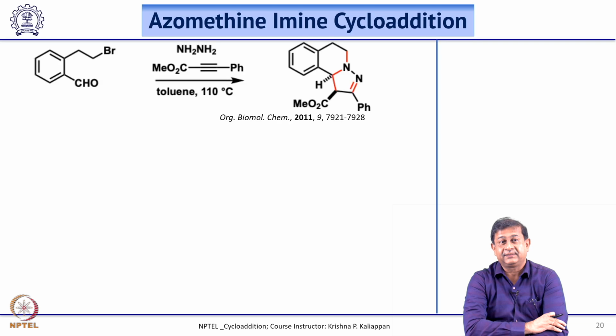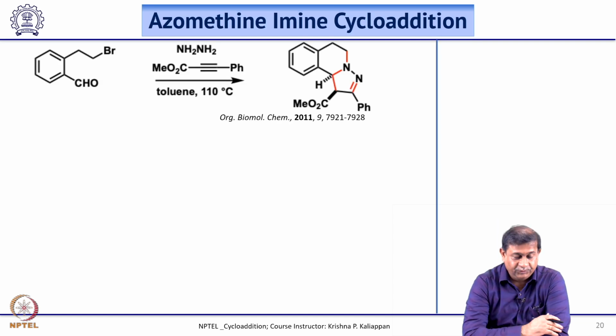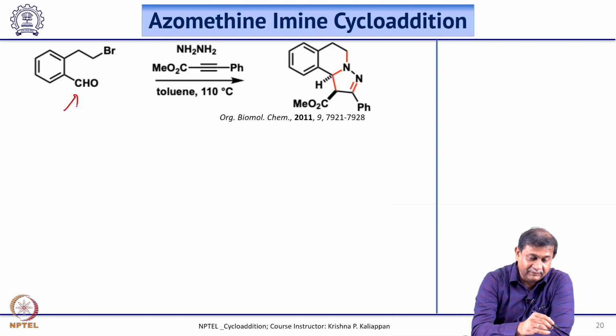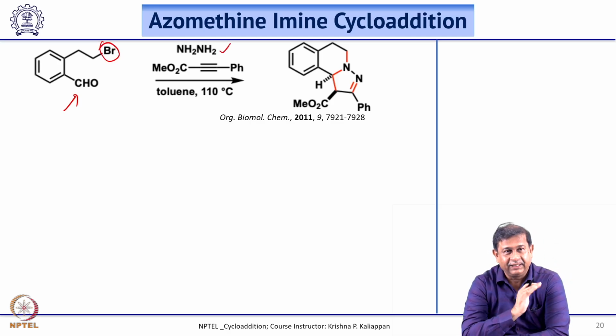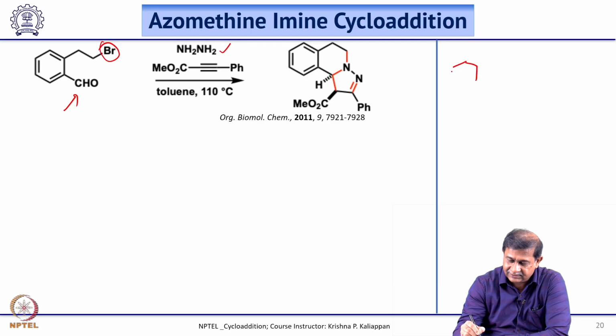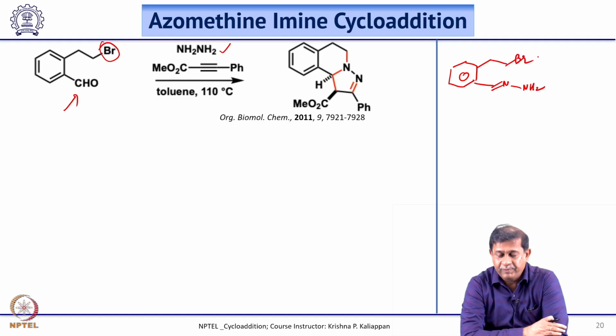So this is a very interesting example. You have an aldehyde and a leaving group, that is bromide. Now you treat with simple hydrazine. So what you get is this phenethyl bromide, and on the other side it forms a hydrazone.